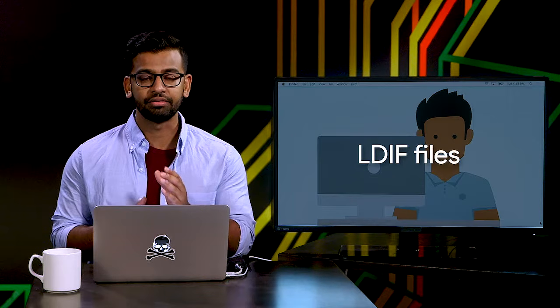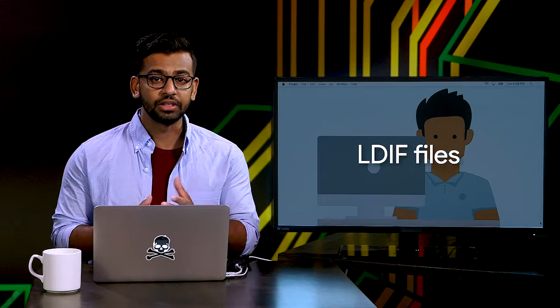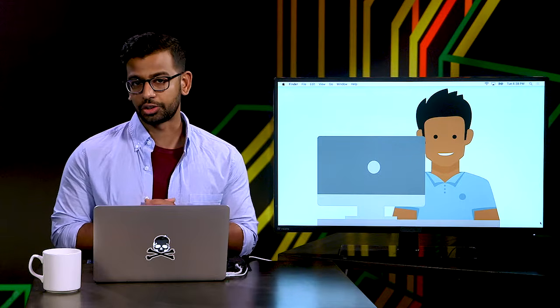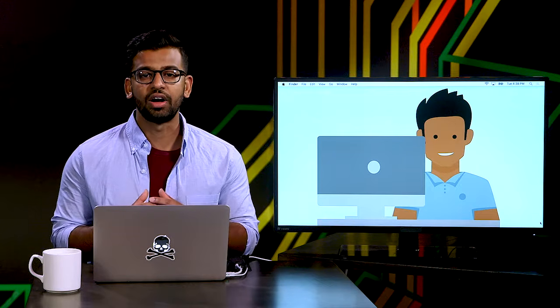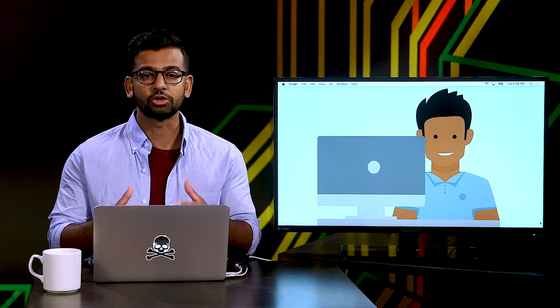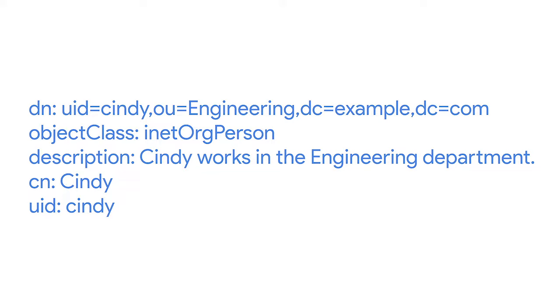To begin using command line tools, you need to use something known as LDIF files, pronounced LDIF. We've already seen LDIF format or LDAP notation in action. It's just a text file that lists attributes and values that describe something. Here's a simple example of an LDIF file for a user.